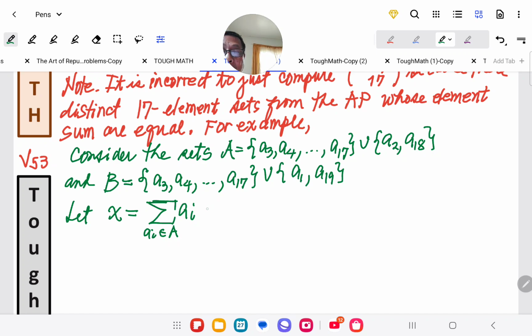And this means that this is the sum of the A_i's from 3 to 17, and this is a separate sum, and we have two more to add, and these are A sub 2 and A sub 18.